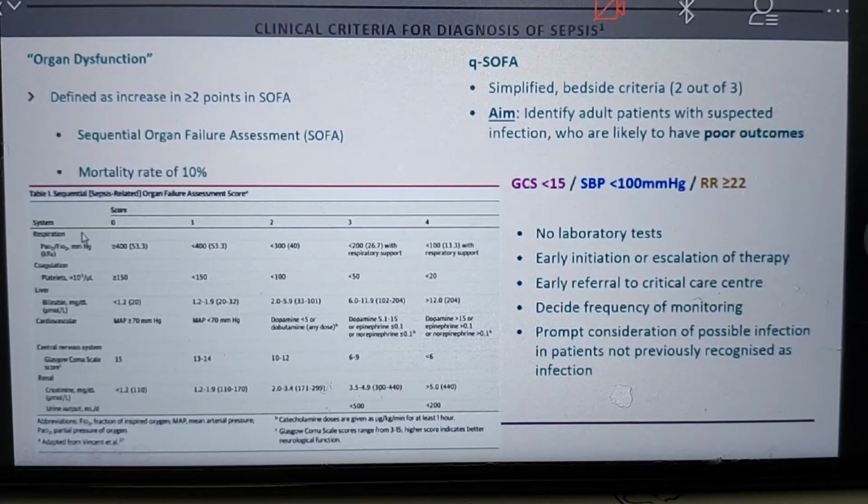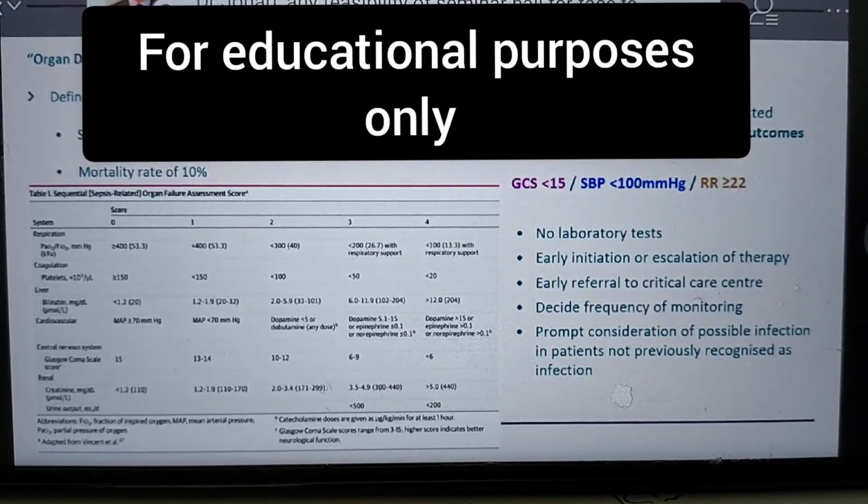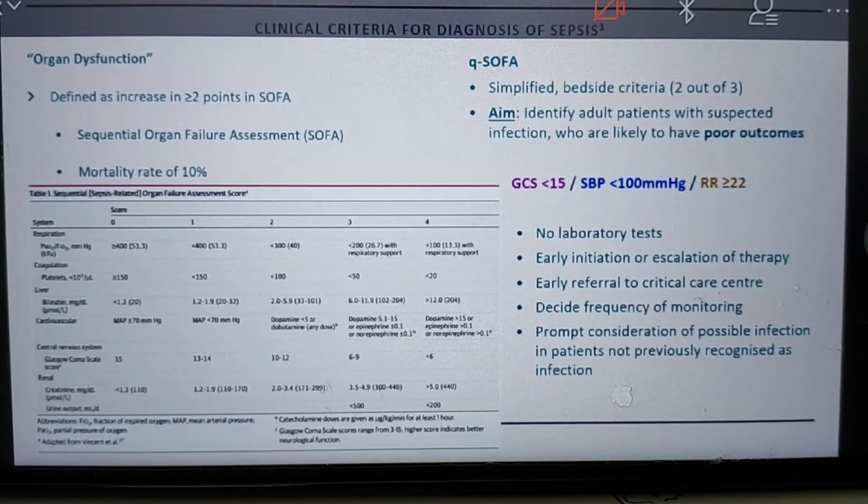So the first one is the respiratory system. For the SOFA score, we need to measure the PaO2 and FiO2 ratio. So that's why we need to take ABG in patients who are suspected of sepsis.